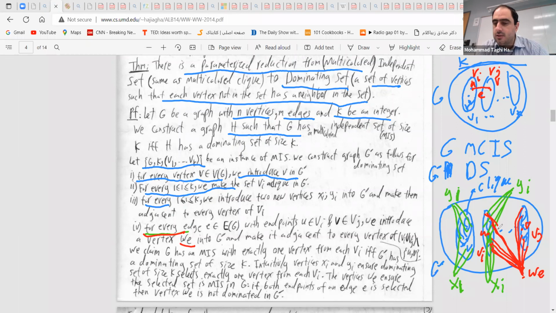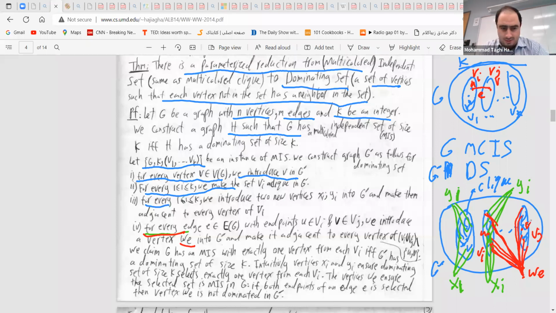And in addition, for each edge that we have between two vertices uv in the graph, which is in the Vi and Vj, we are creating a new vertex, WE, that is connected to every vertex in Vi except u, and every vertex here in Vj except v.